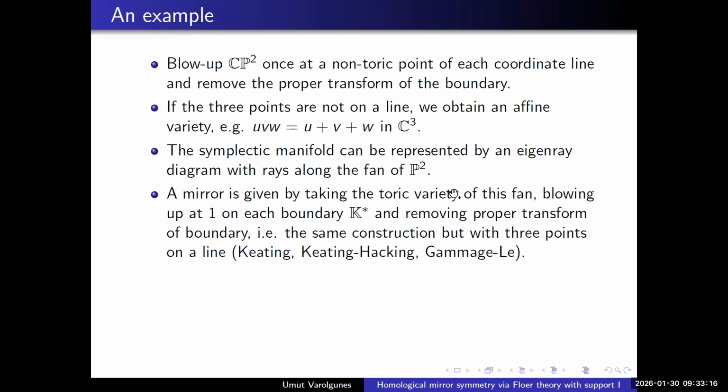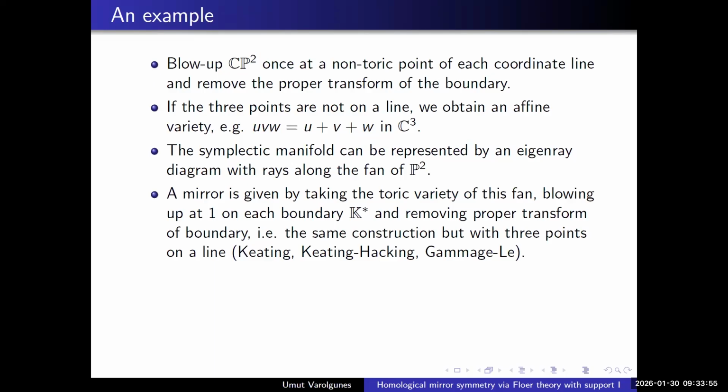You take those rays, those define a fan, take the toric variety of that fan, and then each cross on the eigenray gives you a prescription of how many times you have to blow up along that corresponding toric divisor. So in this case, you're just supposed to take P2 and blow up each boundary divisor once, exactly like how we started. But now, these 3 points are supposed to be on a line.